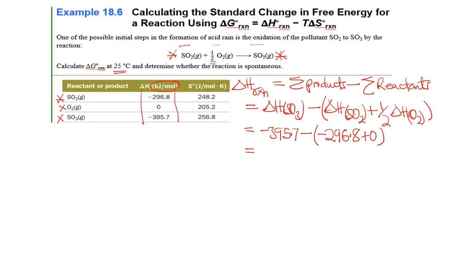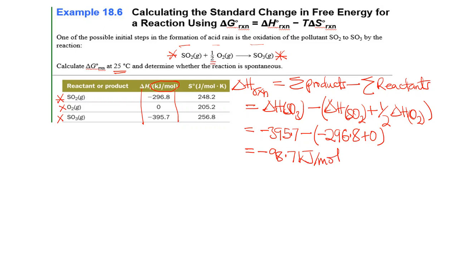When you add these, you are going to get the enthalpy of minus 98.7 kilojoules per mole.